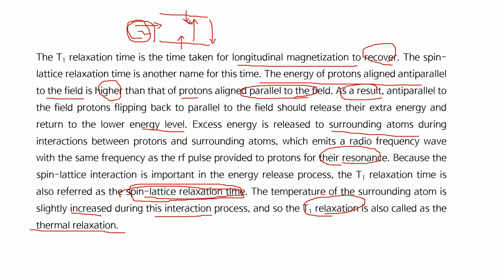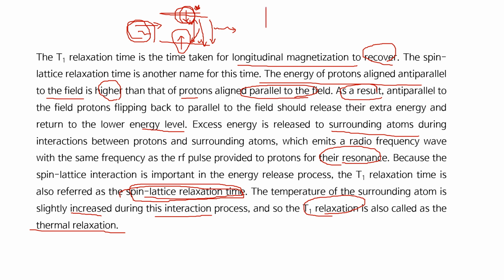So if we move the direction of the nuclear spin, the energy is higher at this stage and lower in this stage. So if this nuclear spin wants to move to the low energy state, it should release the energy, and then it can move to the lower energy state.